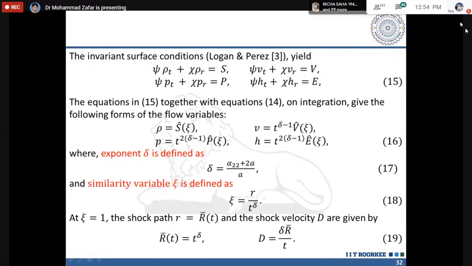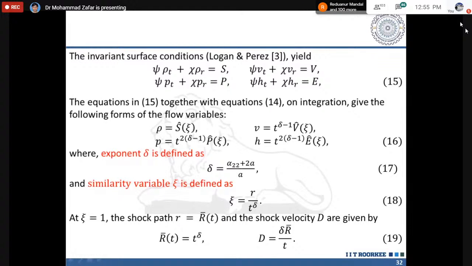Suppose this is delta. The similarity variable xi is defined as r upon t power delta. This new variable is a combination of the two variables, space and time. Generally it is like this, though many times it may be changed also.